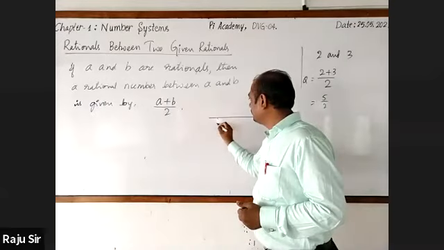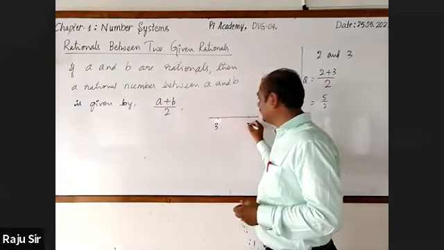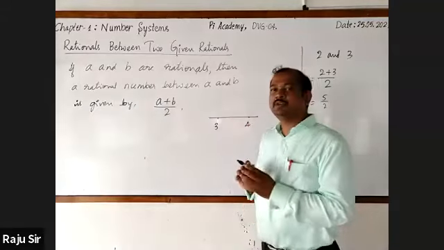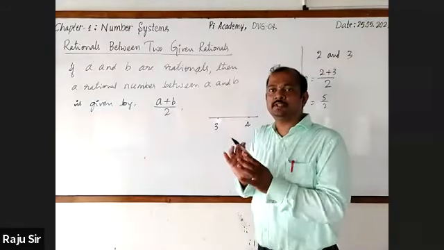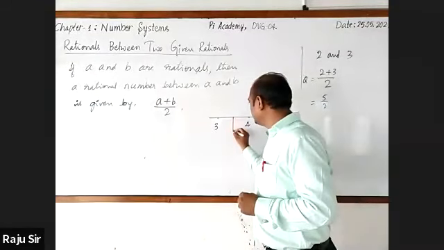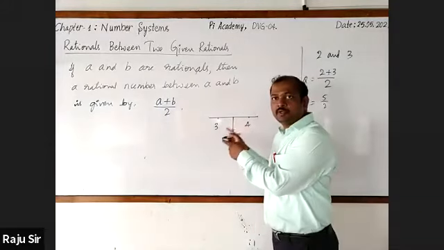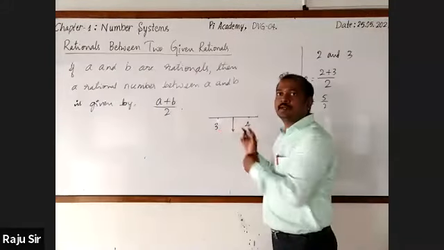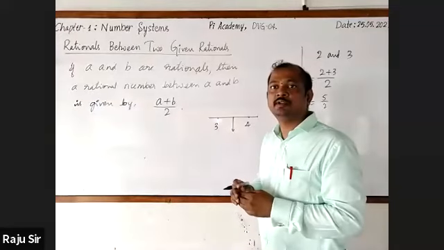So why should we take the denominator as 2, sir? Why can't we take another integer? See, here we have 3. Here we have 4. I want just one number between these two. I am going to take the midpoint of these. What is the midpoint of 3 and 4?